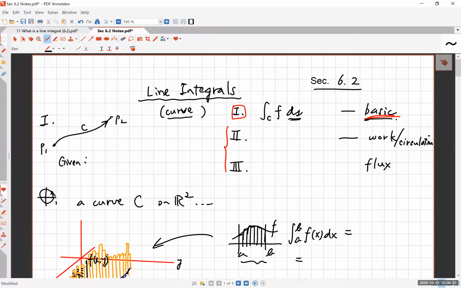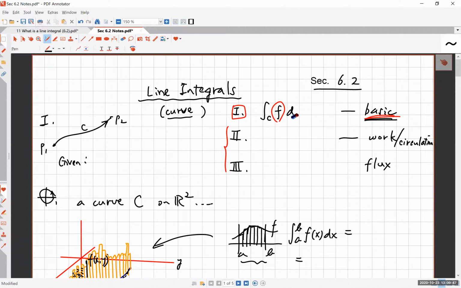And so this is the basic notion of line integrals. And then for many applications, we use rather specific types of functions f. So for instance, here, f is a real valued function, right? So we are integrating a real valued function over a curve C.